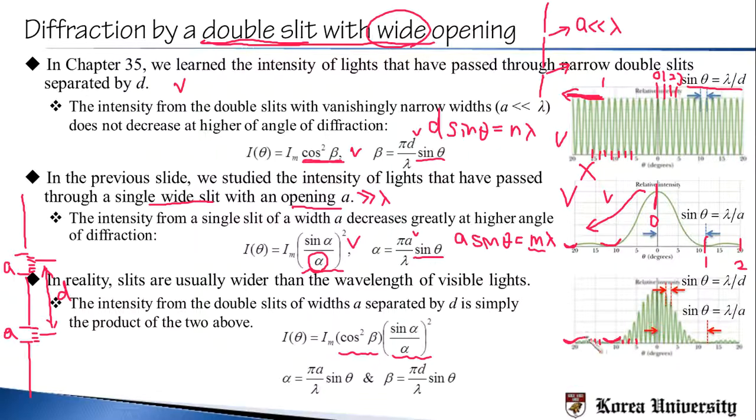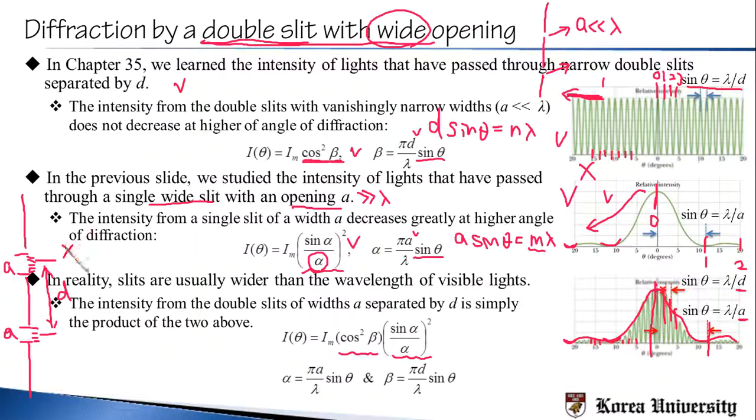First, the overall profile gives you the idea of the size of the opening, which is A. So this interval here is determined by A, and if you look at it closely, the interval between these bright peaks is determined by the distance between two slits, so it is determined by D.